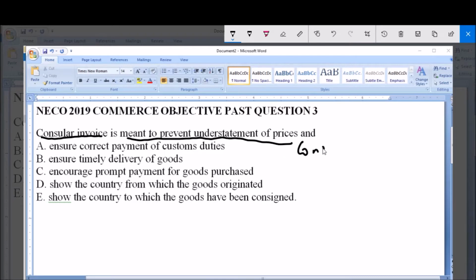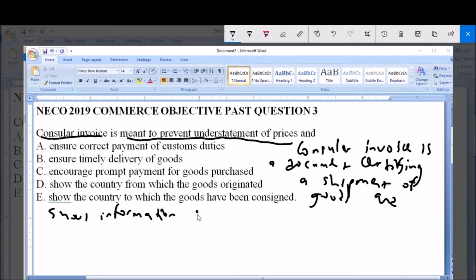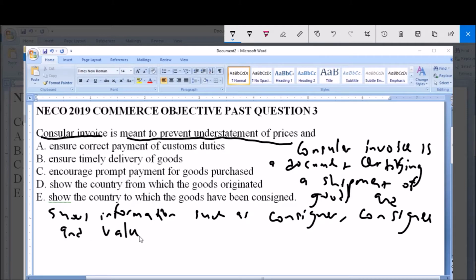Now, the consular invoice is a document certifying a shipment of goods and shows information such as the consignor, consignee, and the value of the shipment.